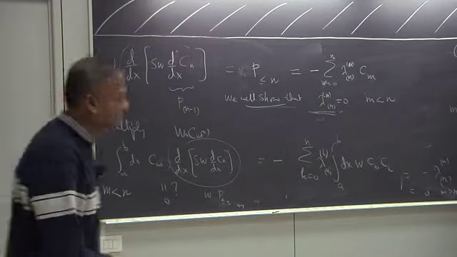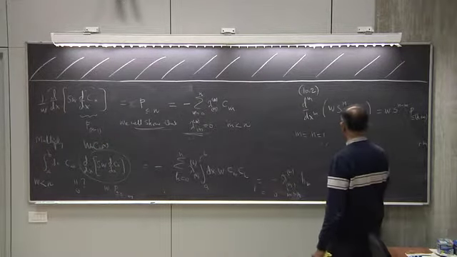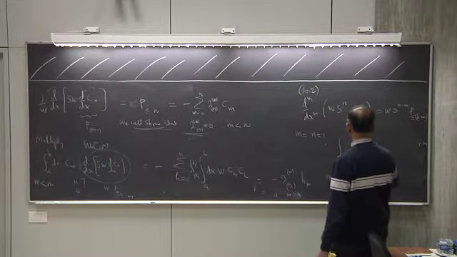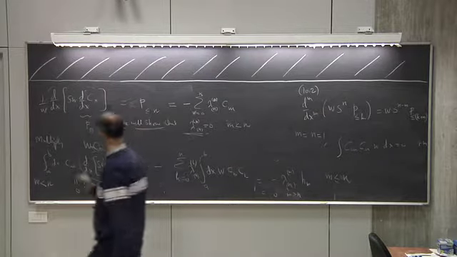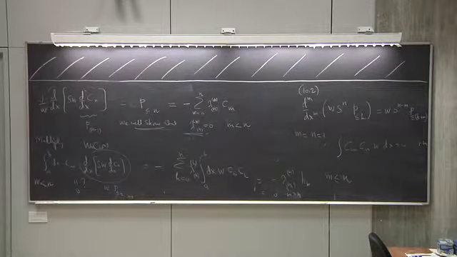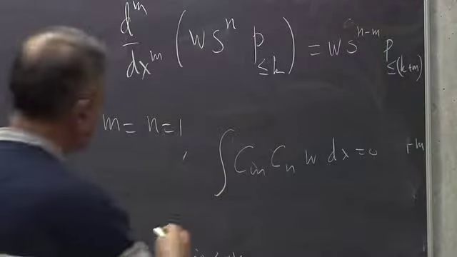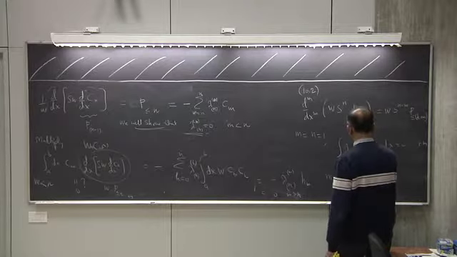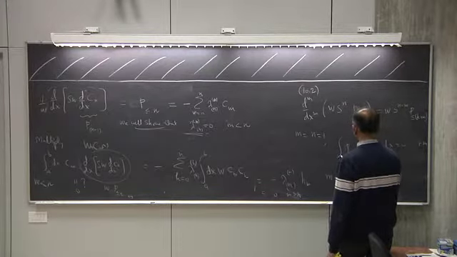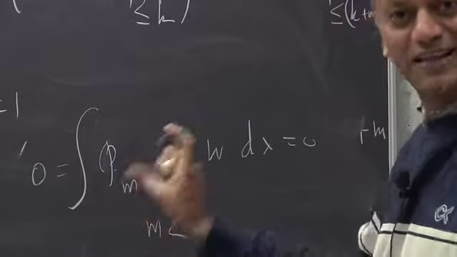No, no. When we say orthogonal polynomials, we mean Cm with Cn is 0. Of course it is also true that Cn with any polynomial of degree m is equal to 0 when m is less than n, but not the other way around.